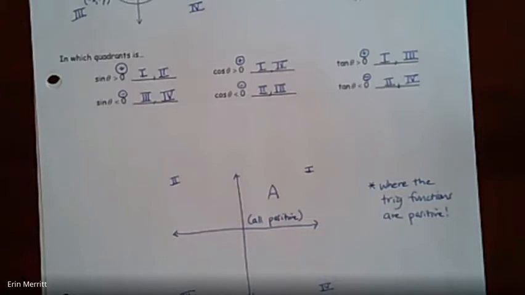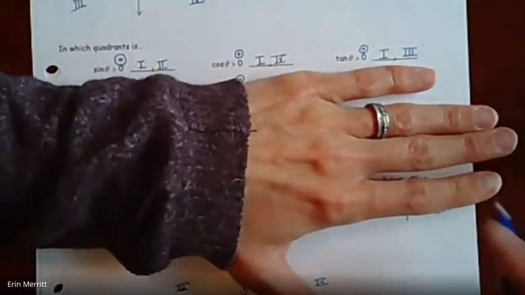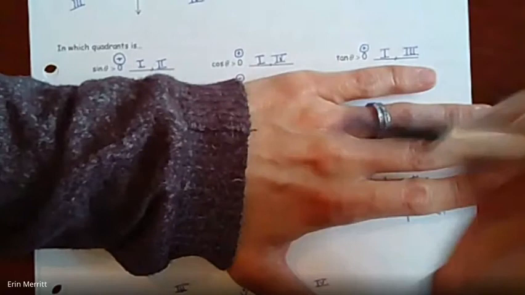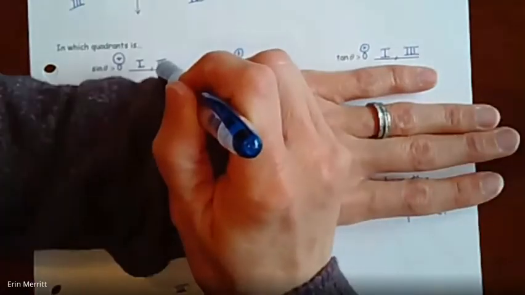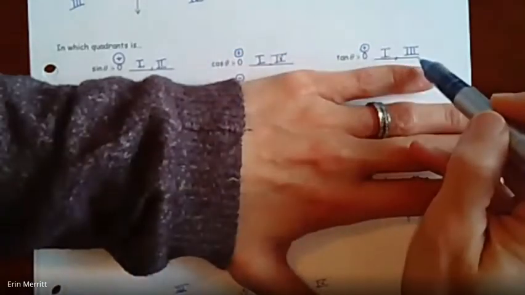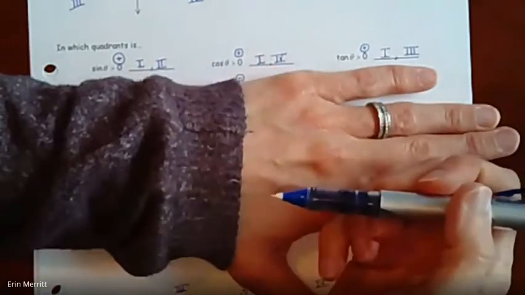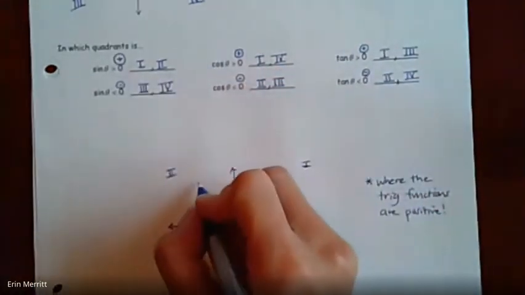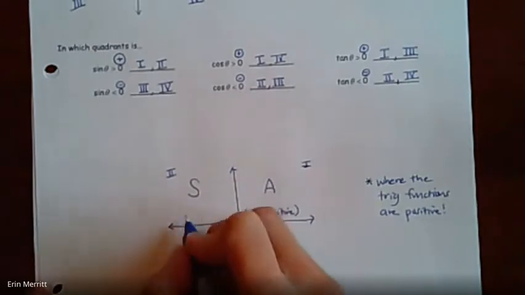All right. In quadrant 2, what's positive in quadrant 2? Well, let's just look across that top row. The only thing that's positive in quadrant 2 is just sine. Not cosine, not tangent. So over here, we're going to put an S to represent that sine is positive.